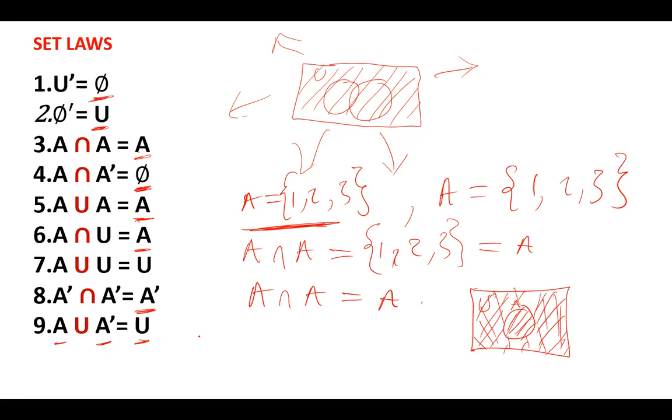So if you have set A there, and this is the universal set, they ask you to find the union between A and A complement. A complement is simply what is not in A. So you add the two sets: what is in A, you add it with what is not in A. It simply gives you the universal set.